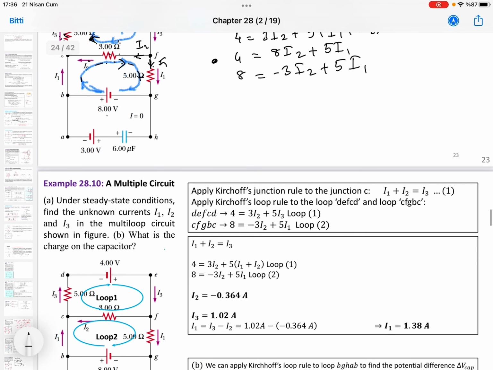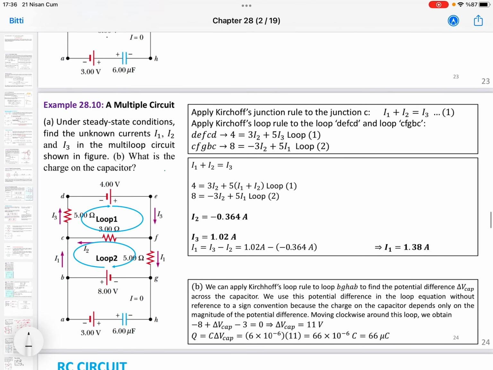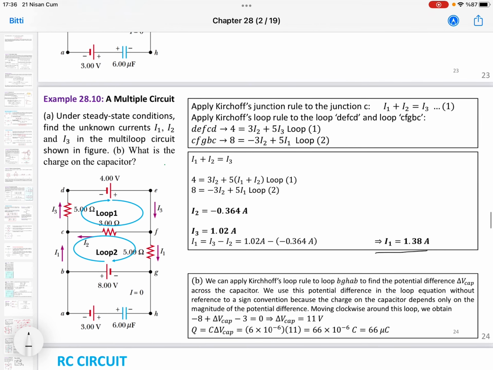When we put all the information correctly, your I1 is 1.38 ampere, I2 is minus 0.36, and I3 is 1.02 ampere. So what does minus mean?